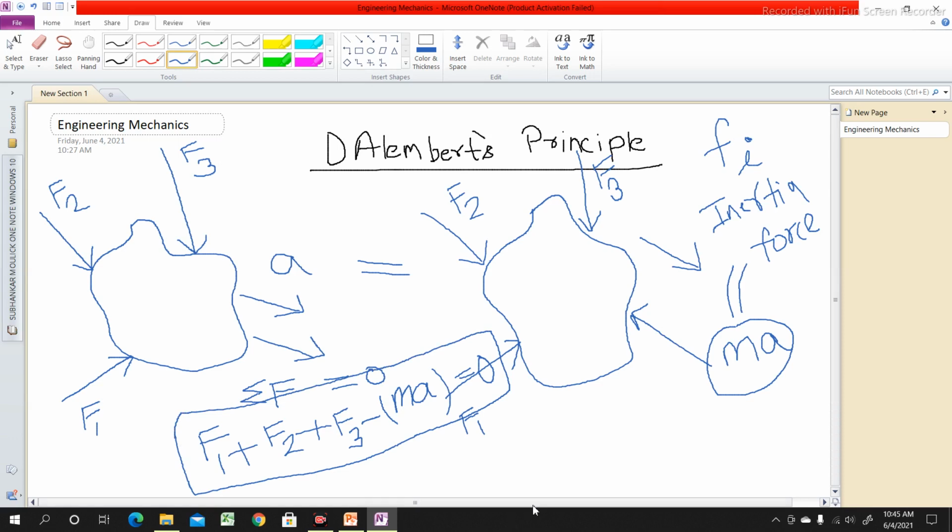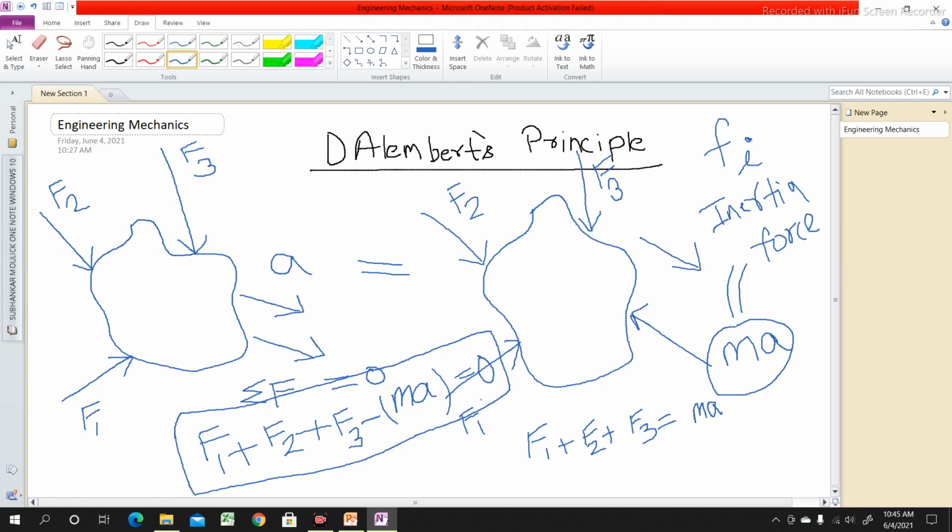Or I can write it as F1 plus F2 plus F3 is equal to ma. What we have done, we have taken ma to the right hand side of the equation.